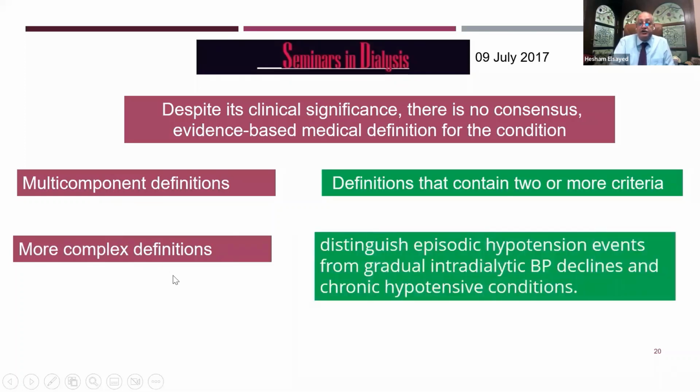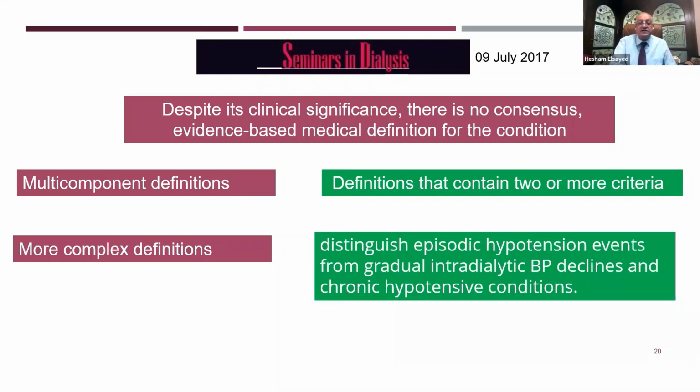A more complex definition distinguishes an episodic hypotension event from a gradual intradialytic blood pressure decline. For example, a patient may start dialysis with systolic blood pressure 150, followed by a decrease in systolic blood pressure to 110, but still there are no symptoms. I don't know exactly, is this a patient with intradialytic hypotension according to the basic definition?